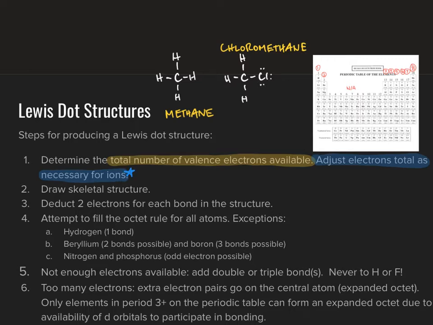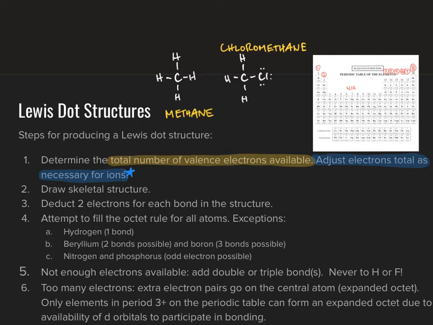That is, a positively charged cation will have fewer electrons than a neutral molecule would have, and a negatively charged anion will have more electrons than a neutral molecule would have. So again, adjust those electrons as necessary if you're dealing with an ion rather than a molecular species.